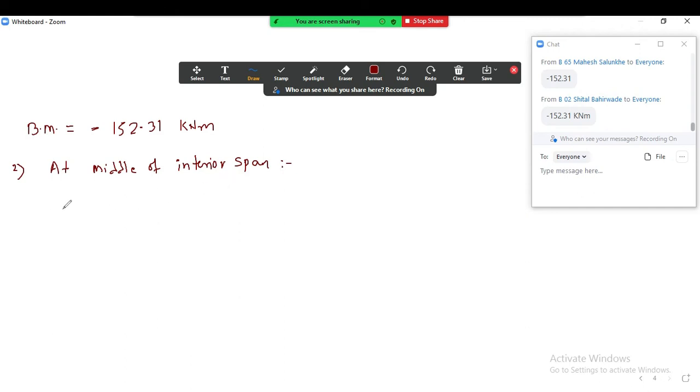Please check the coefficients also. The bending moment is equal to 1 by 16 WD into L effective square plus 1 by 12 into WL into L effective square.